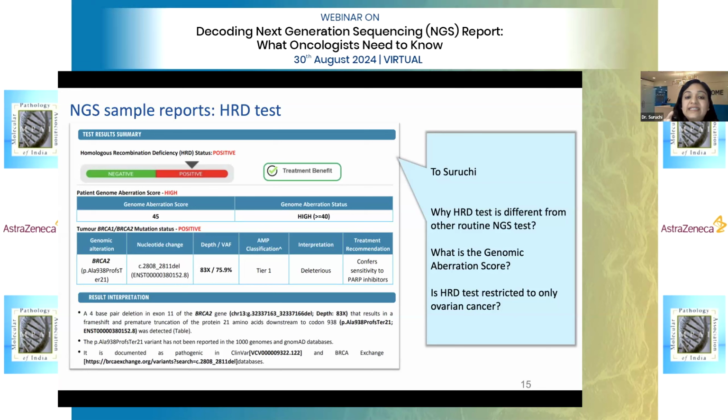How that assay is optimized, how it is working, and how it is giving the score out will determine its accuracy, not the cutoff value. Whether it is 40 or 42 doesn't make much difference, because it is how the assay has been developed.